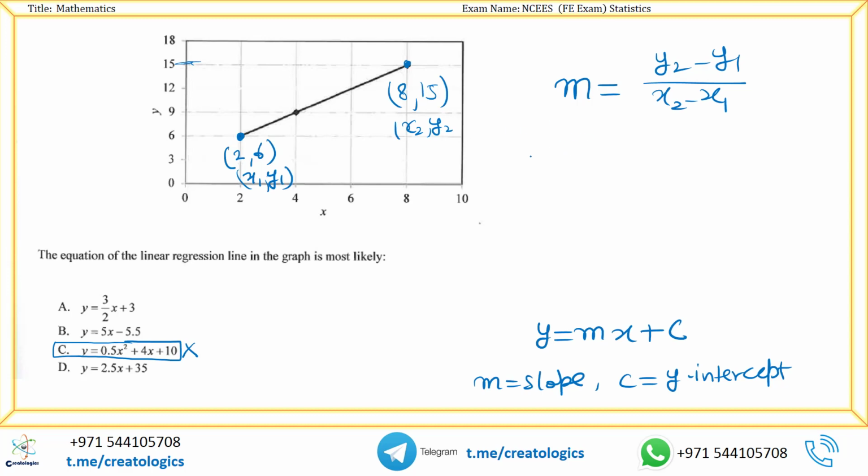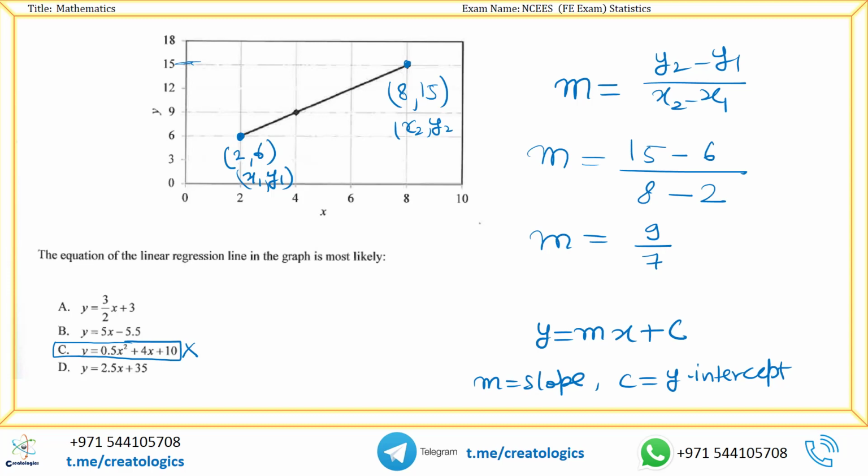So plug in those values in the slope and we will compare it with the given options. So m will be (15 minus 6) divided by (8 minus 2), that gives m equal to 9 upon 7.